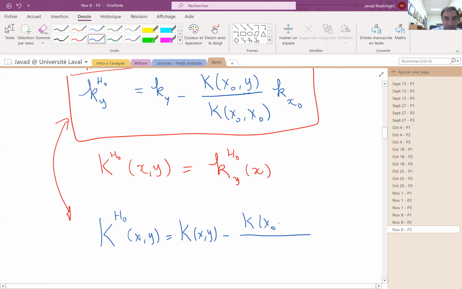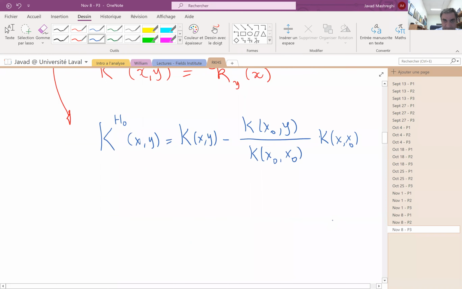minus, something you have seen before, with K(x, x0). But instead of putting this in front, we wrote it that way.